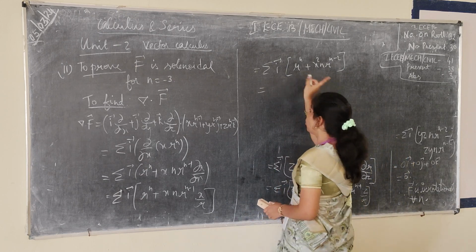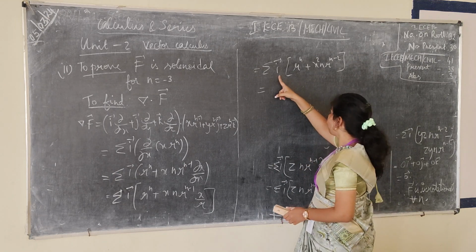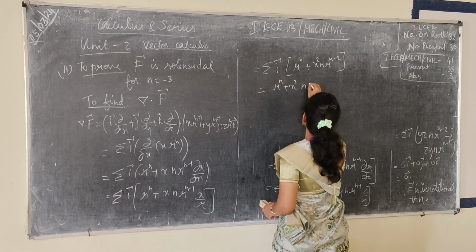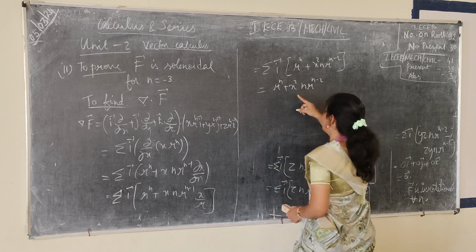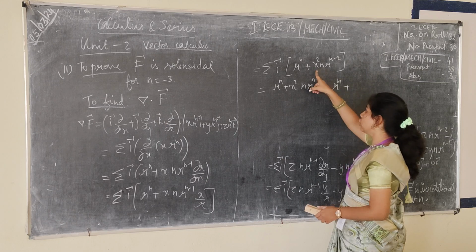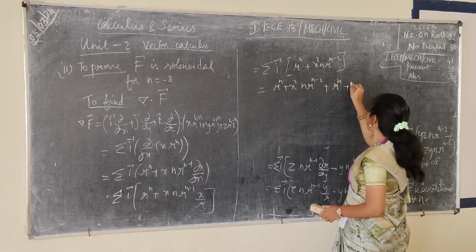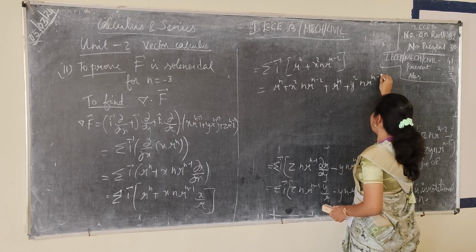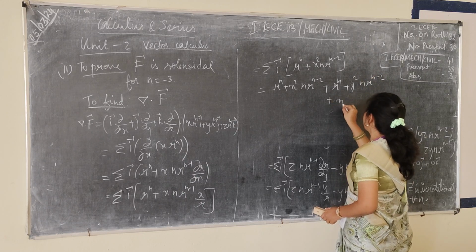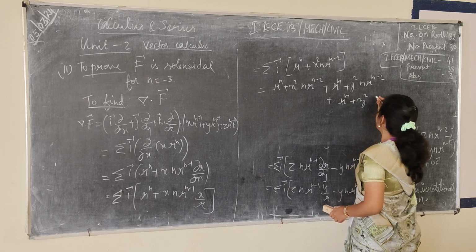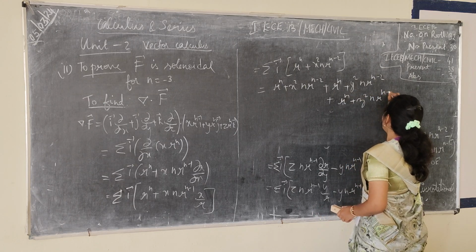Now I am going to open the summation. So for i you have r power n plus x square n into r power n minus 2. For j you will have again r power n, but instead of x you will have y square n into r power n minus 2, plus r power n plus z square n into r power n minus 2.